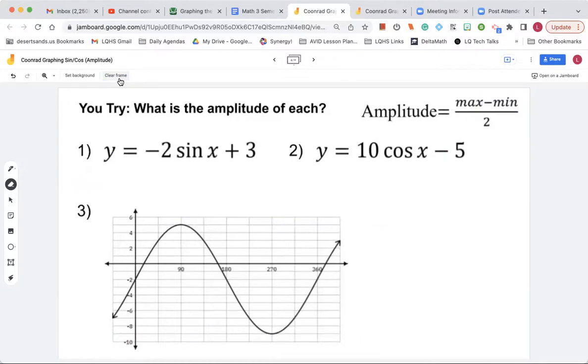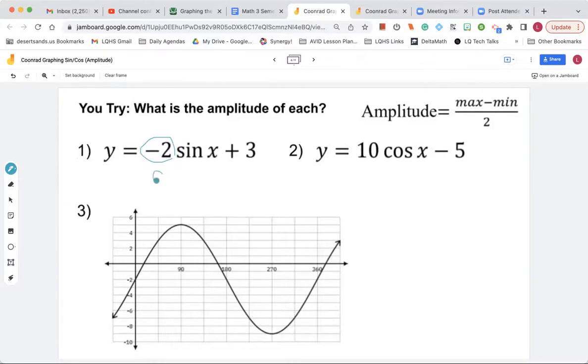All right, so I'm just going to do it up here because this one is going slow. When you look here and you go, well, what's the amplitude? It's very simple. This right here gives us the amplitude because it's the A. But it does matter that it's negative. It means it's reflected over the midline. But the amplitude is an absolute value.